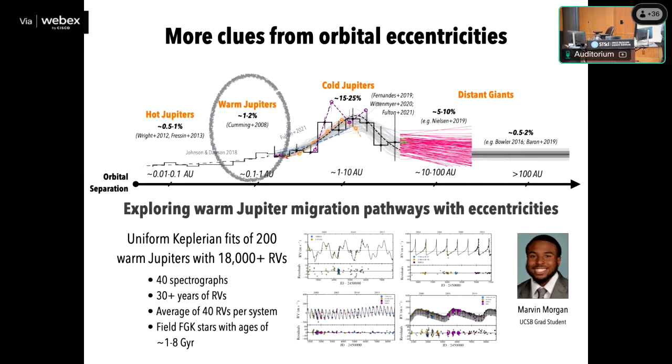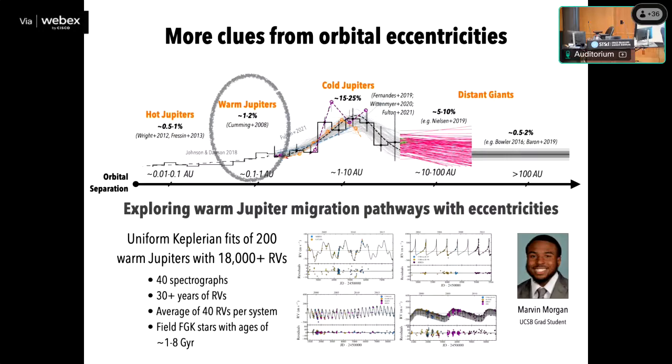So instead, if we march out to warm Jupiters, I have a graduate student, Marvin Morgan, who has spent the last several years assembling over 18,000 radial velocities, taking hundreds of new observations, and trying to pin down the eccentricities for a large sample of warm Jupiters between about 0.1 and 1 AU. And the advantage here is that at this separation, giant planets don't tidally interact, and so they're at least removed from that.